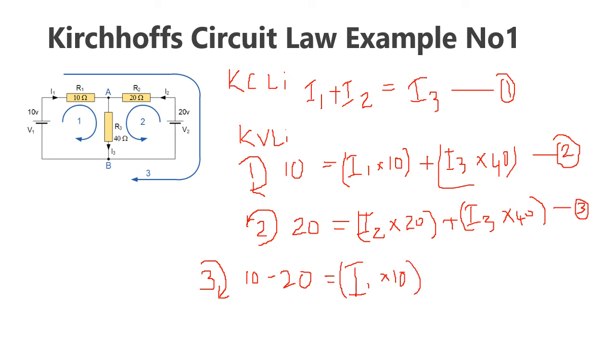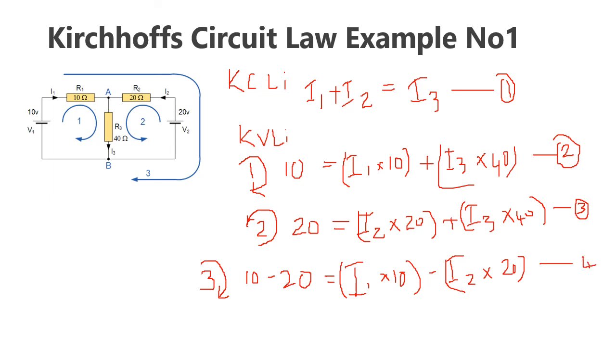Here I2 is flowing in the opposite direction of my loop direction. So this is my loop direction, this is the direction of I2, so they are opposite. So we place minus I2 into the resistance value of 20 ohm. So this is my equation number 4.